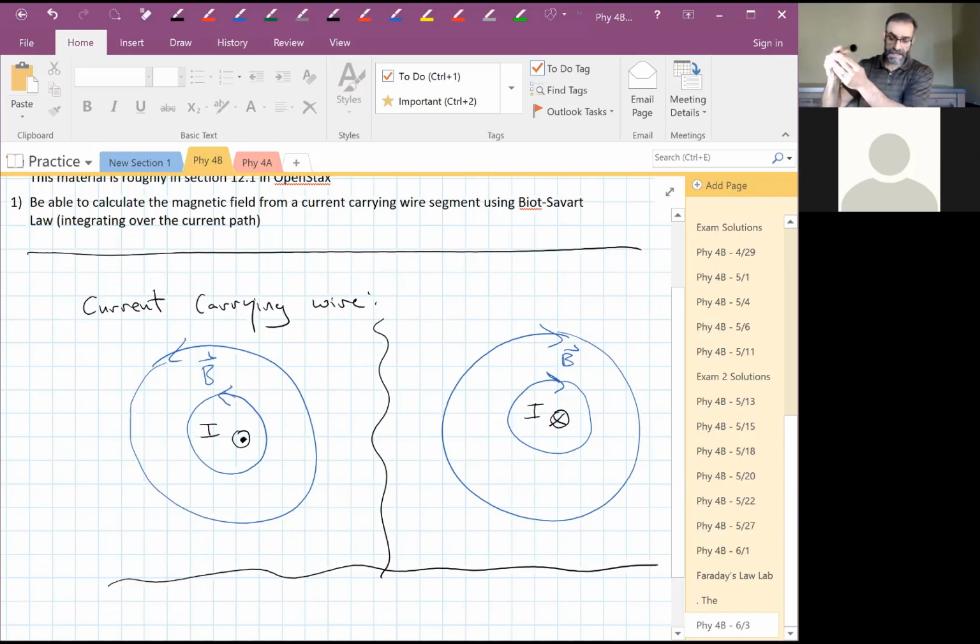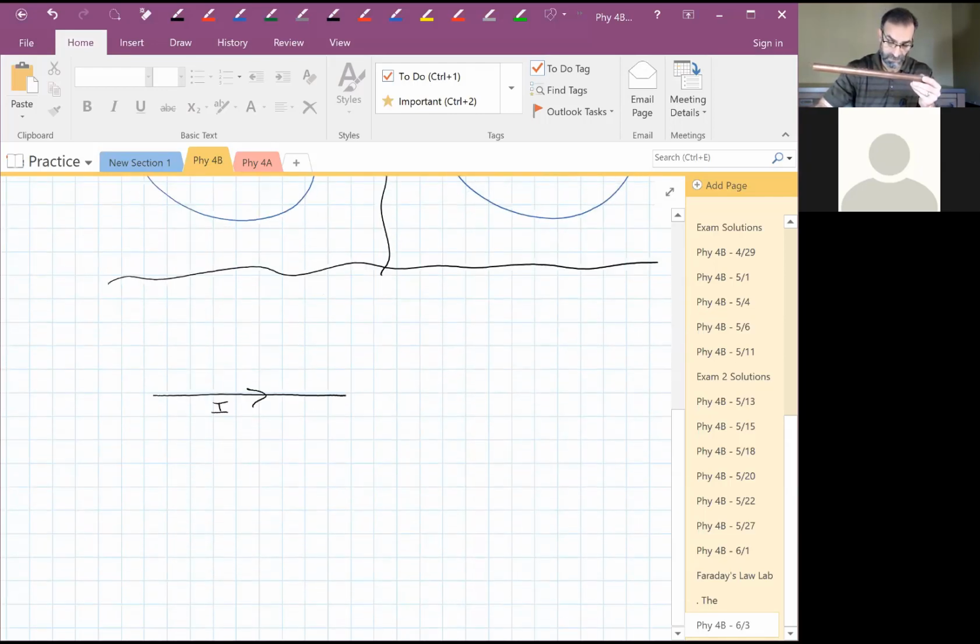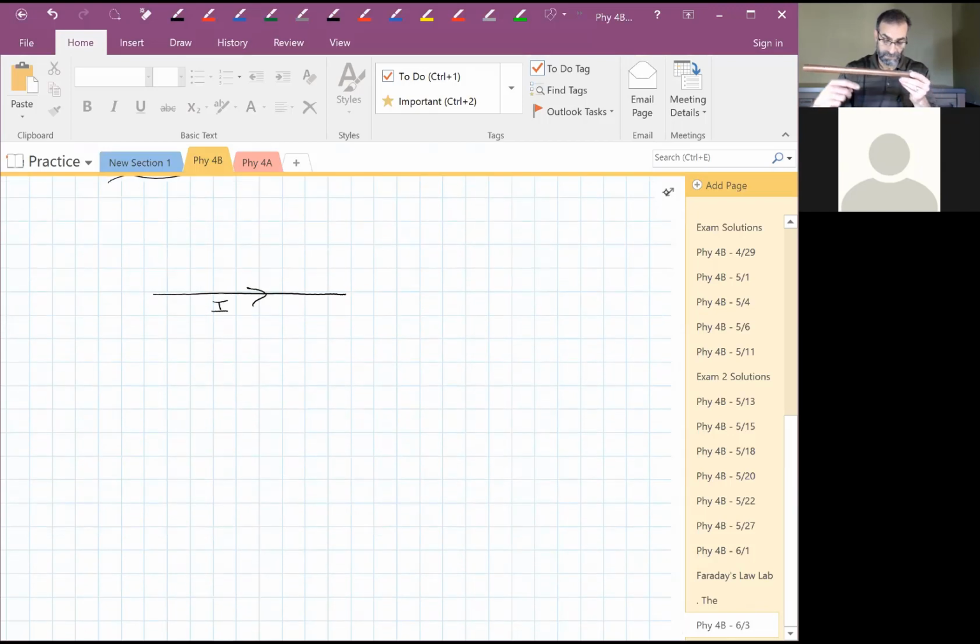So now we're taking this and we're rotating it like this. So the current is going to the right. And we want to know if I'm standing here, what's the magnetic field doing? And if I'm standing here, what's the magnetic field doing?